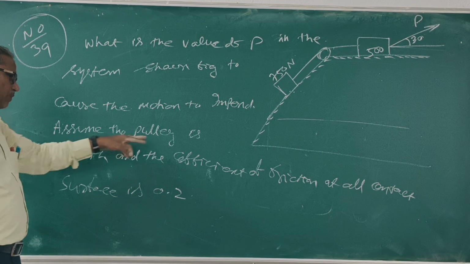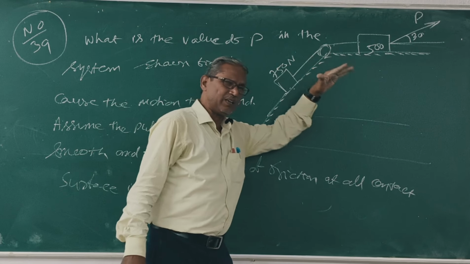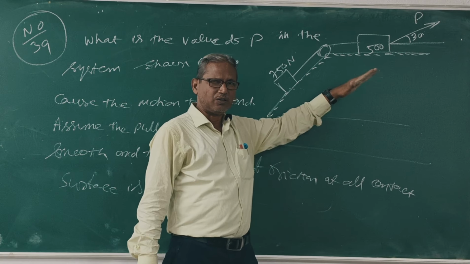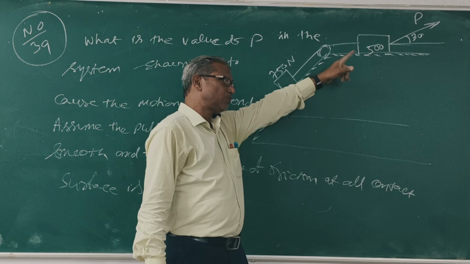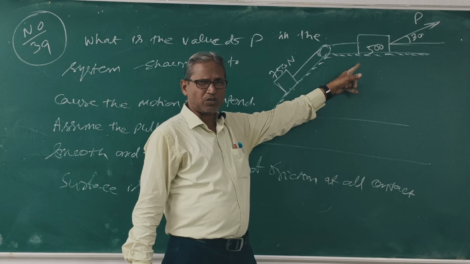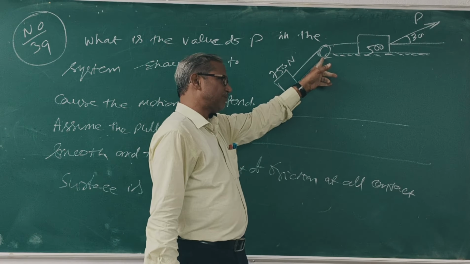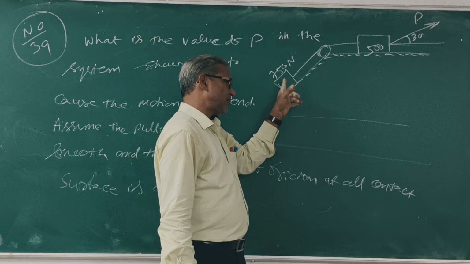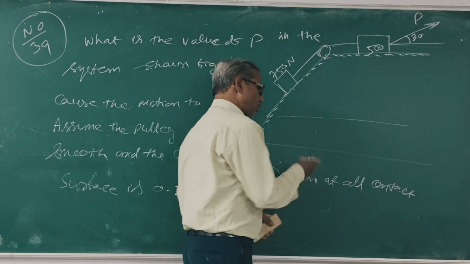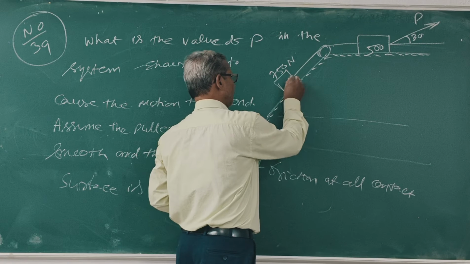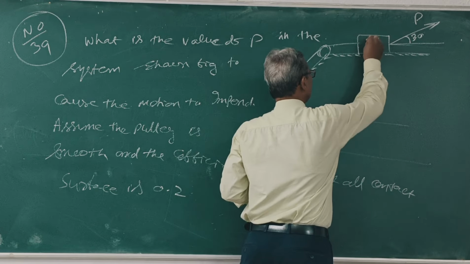The question is, this inclined plane, this horizontal plane. Force P is applied to the block 500 Newton. A pulley is connected here. A string connected with two blocks. This is block 1, this is block 2. Clear?